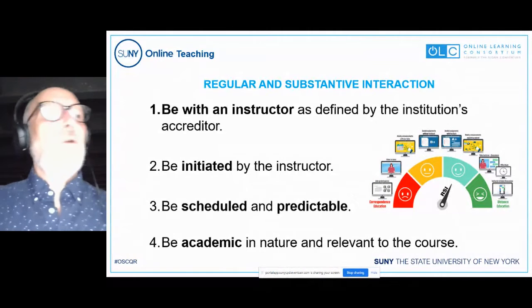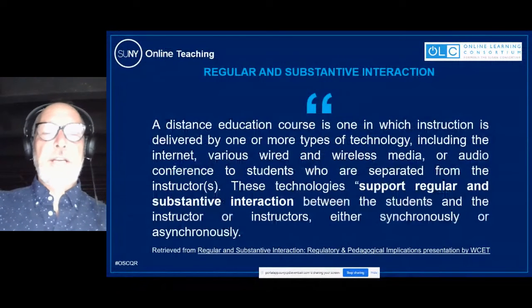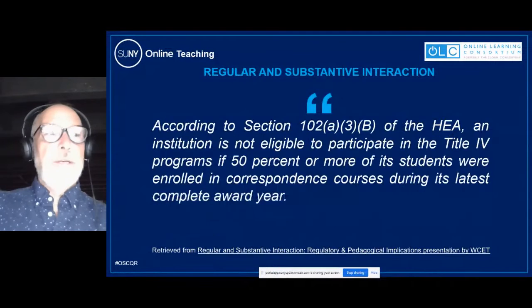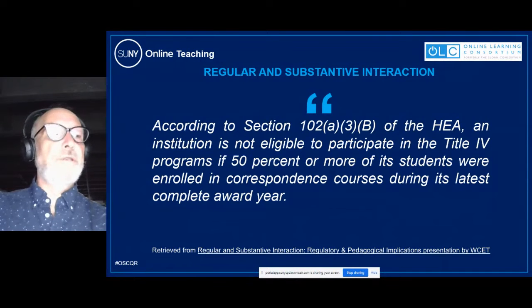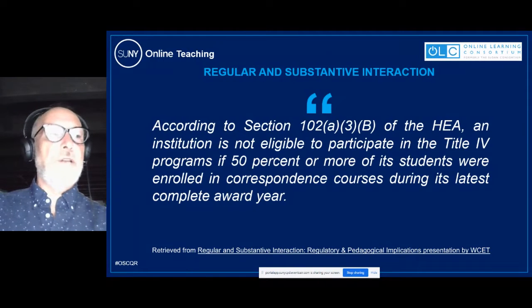Essentially, what the regulation stipulates is that in order to participate in Title IV programs, 50% or more of its students need to have regular and substantive interaction in those online courses.